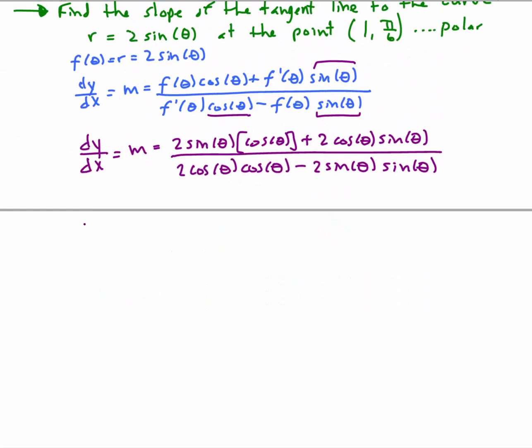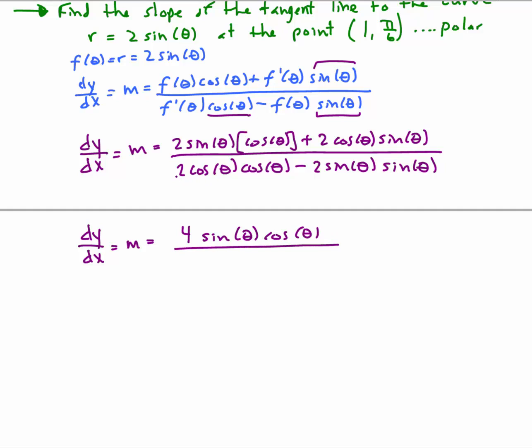So again, dy dx, and again this is my slope. So simplifying, I have 2 sine theta cosine theta, and here's another 2 sine theta cosine theta, so I have 4 sine theta cosine of theta.